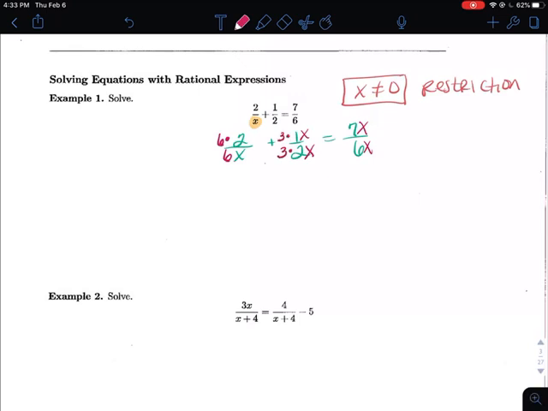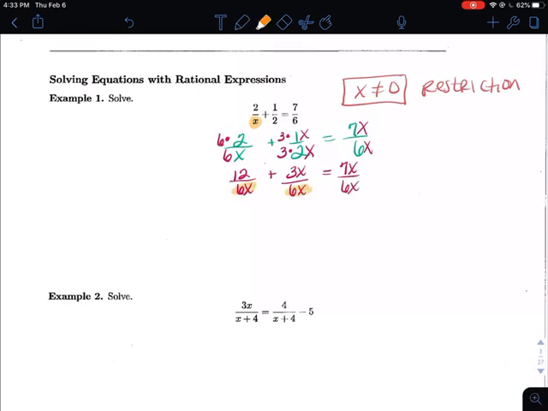So I need to multiply the top by 3 also. And the last denominator already has a 6. So if I clean this up, I get 12 over 6x plus 3x over 6x equals 7x over 6x.